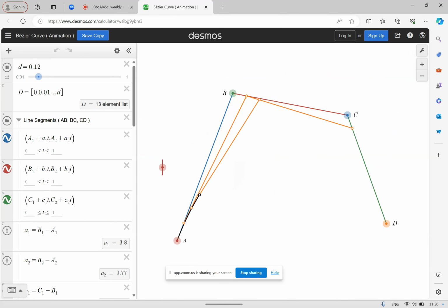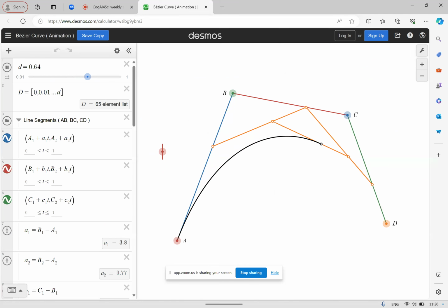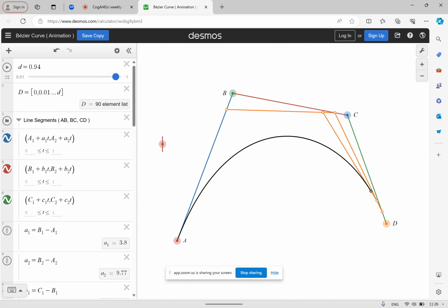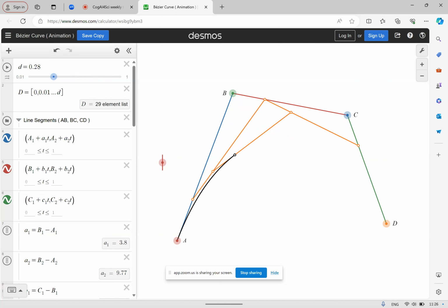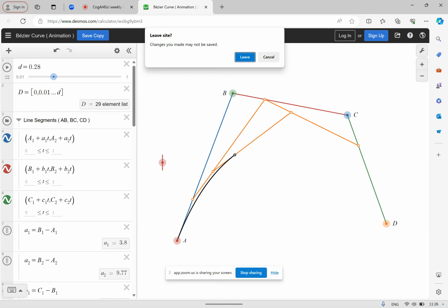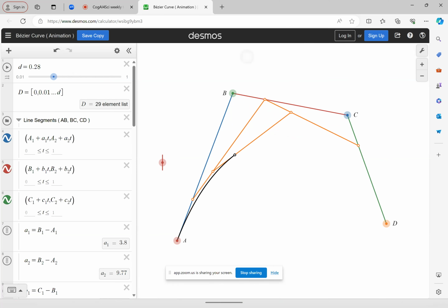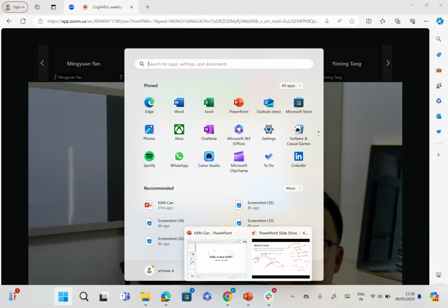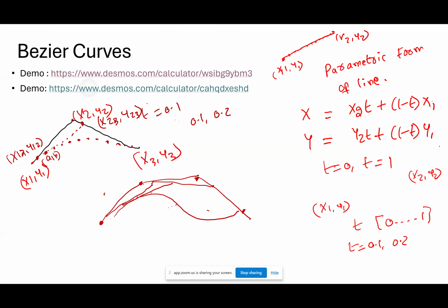How is this constructed? You see, the black one is being constructed, and these are the interpolations among the straight lines. Something we can play around with like this. And this is another demo.